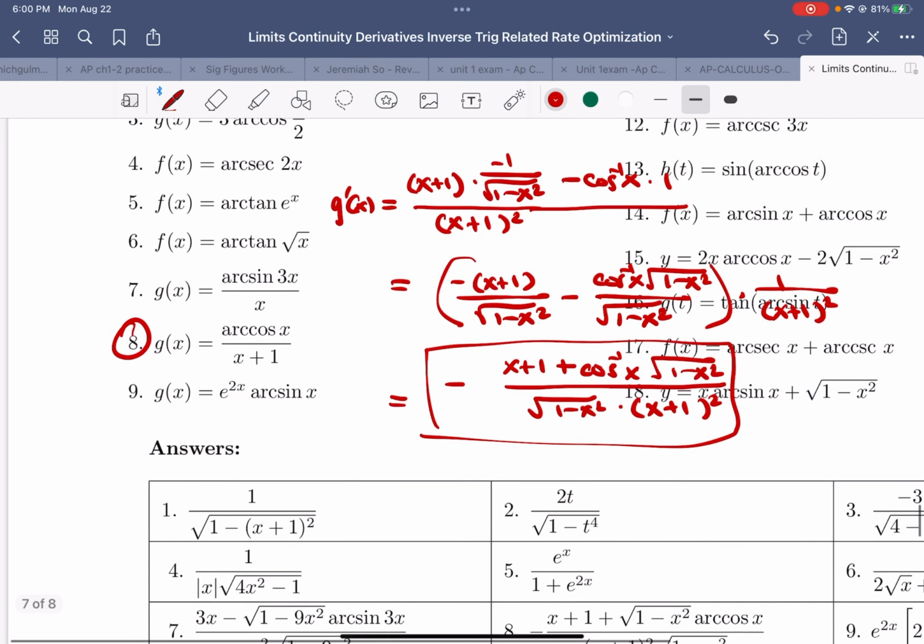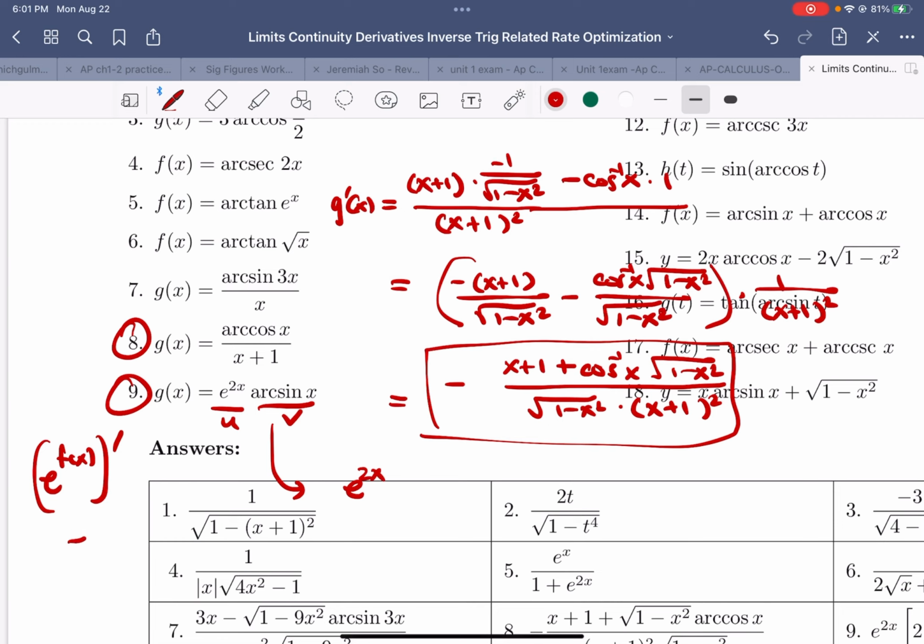Now let's do number 9. That one is a product rule. So product is u prime v plus u v prime. So e to the 2x. Look, e to the f of x, when you take a derivative, is e to the f of x times f prime of x, right? That's the rule. Then e to the 2x, the derivative of 2x is 2, times inverse sine of x, plus.